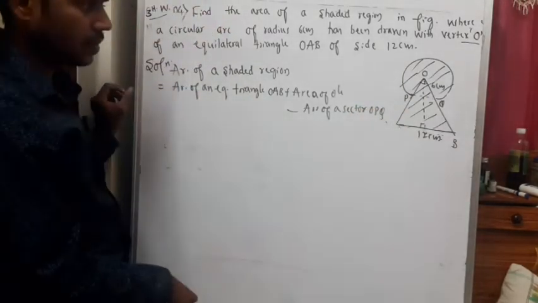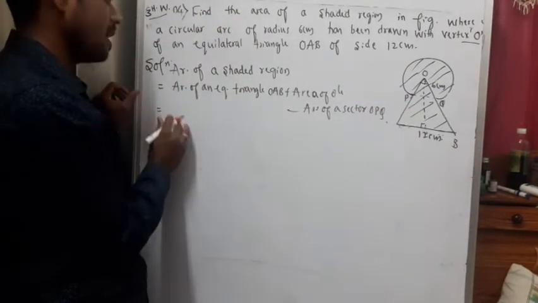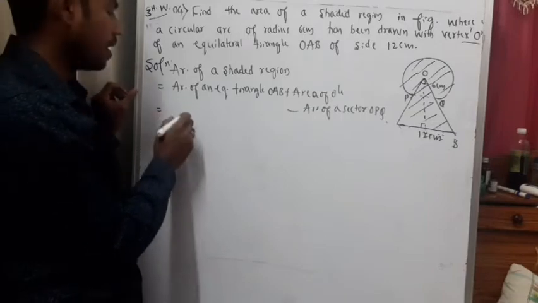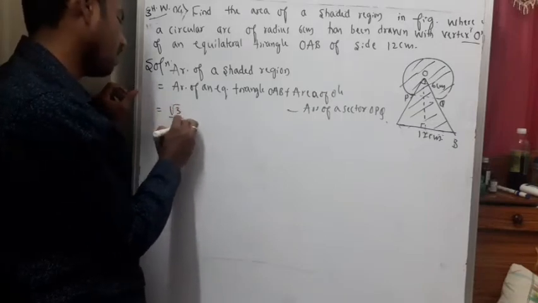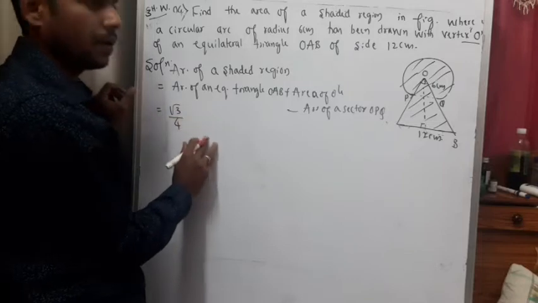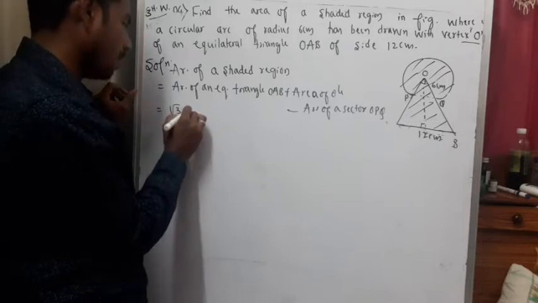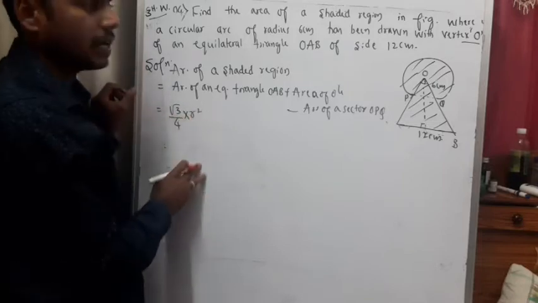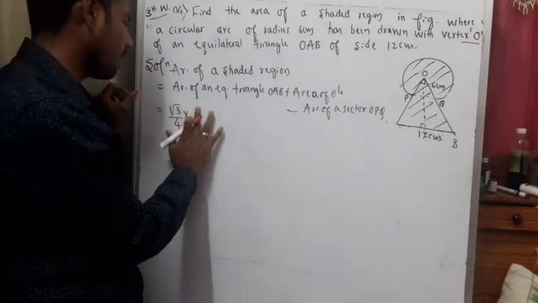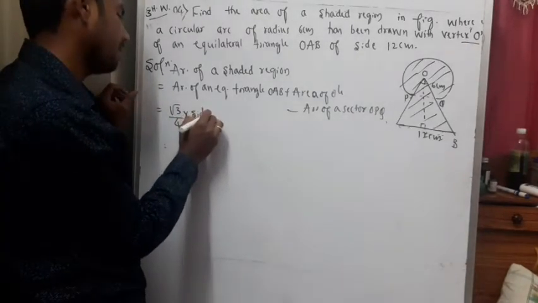Now, what is the area of an equilateral triangle? The area of an equilateral triangle is given by root 3 by 4 into side square.